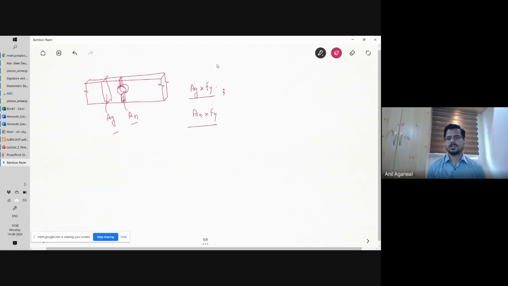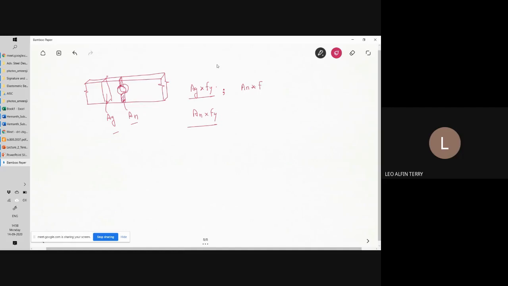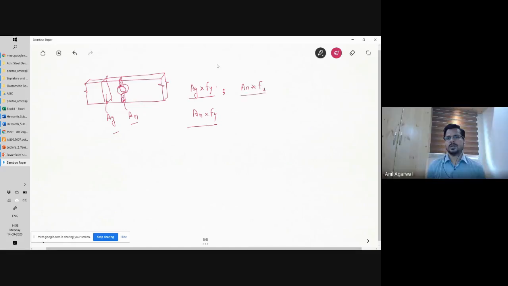That is one limit state, and the other limit state is An multiplied by Fu. And then just to be on the safer side, let's put a 0.9 here and also use a different gamma m1, a different gamma than here.